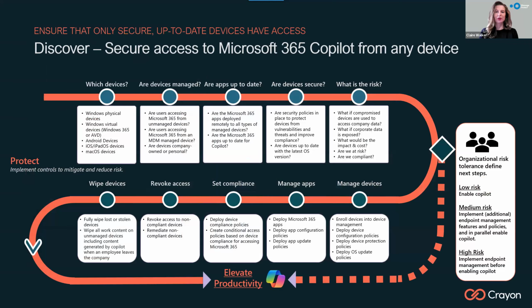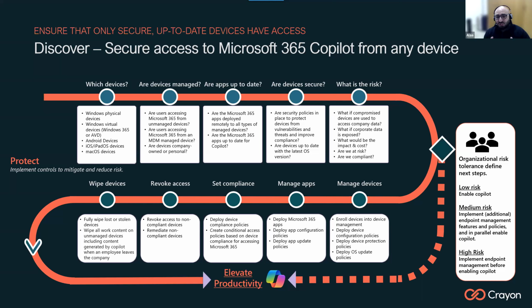These next points are all really good for security hygiene, even if you're not introducing Copilot, aren't they? Yes. So Copilot, yes, it is an add-on. It's the productivity add-on, but Copilot will make you focus on security and data governance because it's a powerful tool.